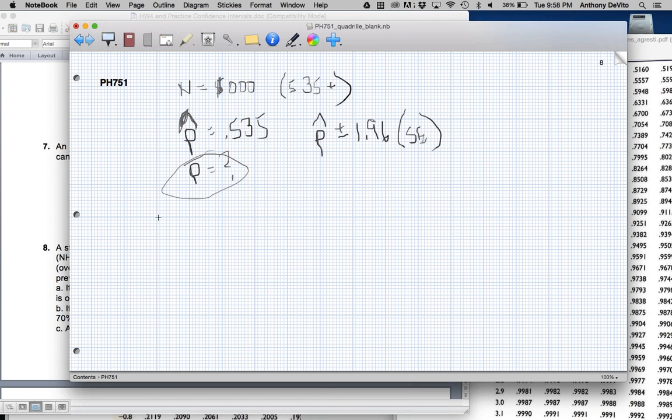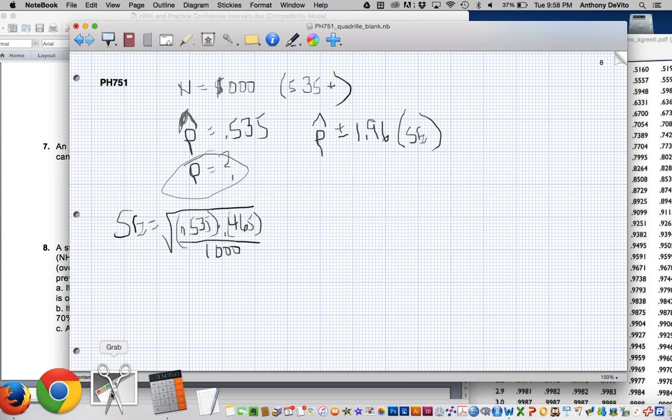Okay, let's calculate our standard error. Standard error is going to be equal to the square root of 0.535 times 0.465, which is 1 minus that, over my sample size, which is 1,000. It should be interesting to calculate a standard error for this.